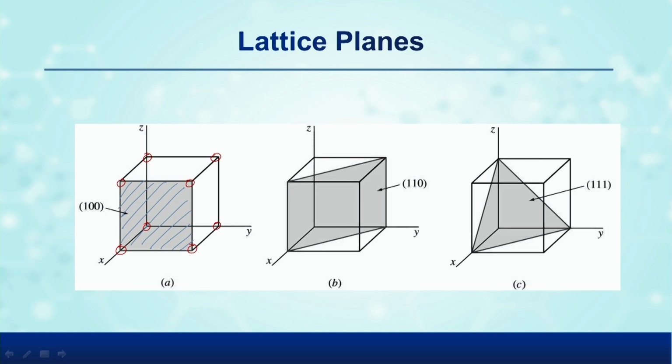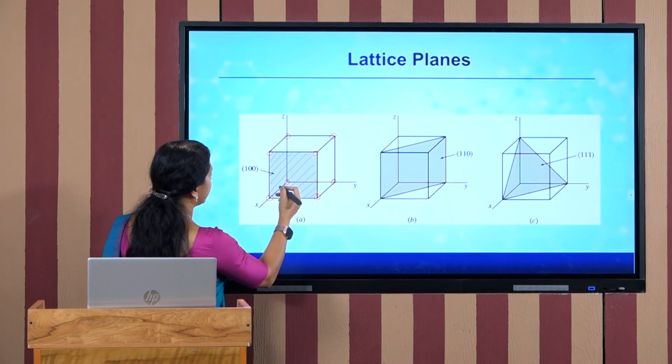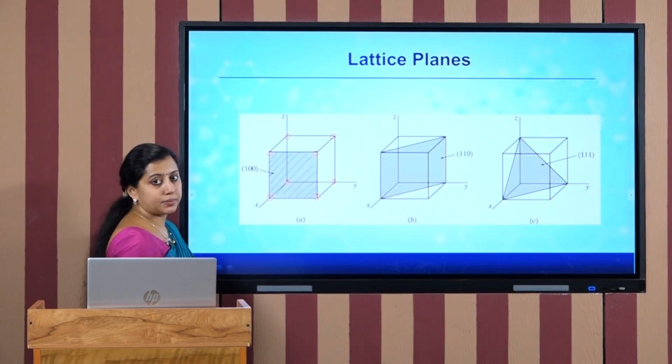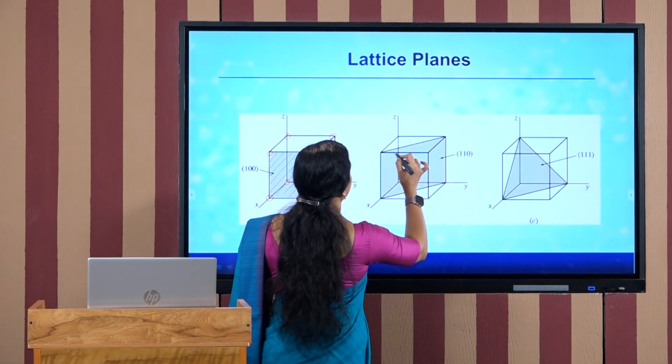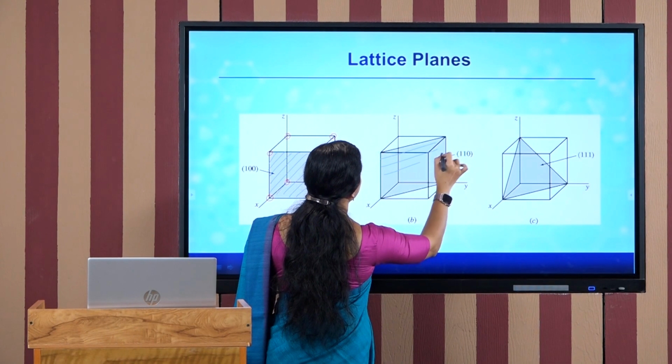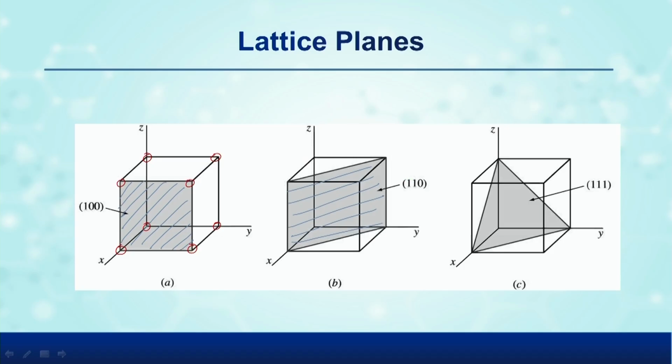You can see that the plane is passing through these lattice points or the constituent particles, and also it is parallel to two of the axes while it cuts the x-axis. Similarly, in figure B, you can see this diagonal plane. Okay, so another example for a lattice plane, again passing through the structural units.